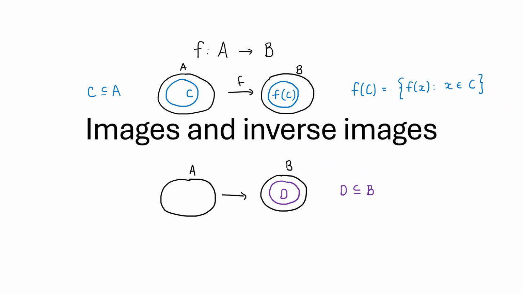The idea is we want to see which elements in A are mapping towards D. This is what we call the inverse image of D, or f inverse of D. How we define this: f inverse of D is simply going to be all elements in the domain such that when we apply f(x) to these elements, the result gives us an element in the set D.